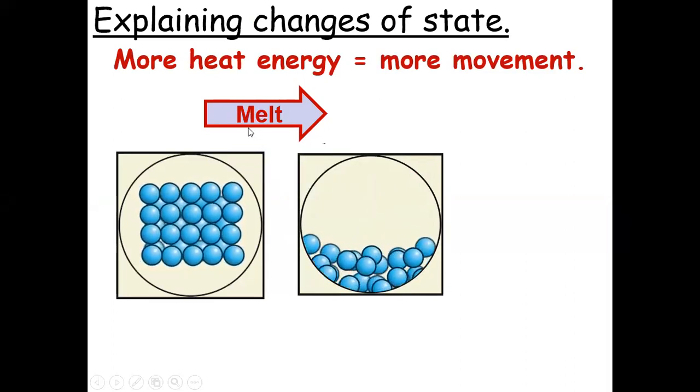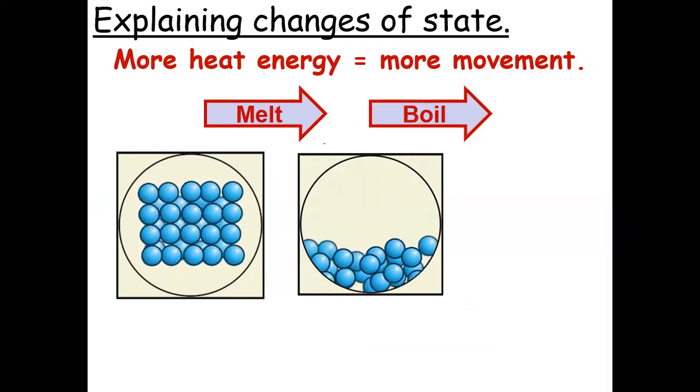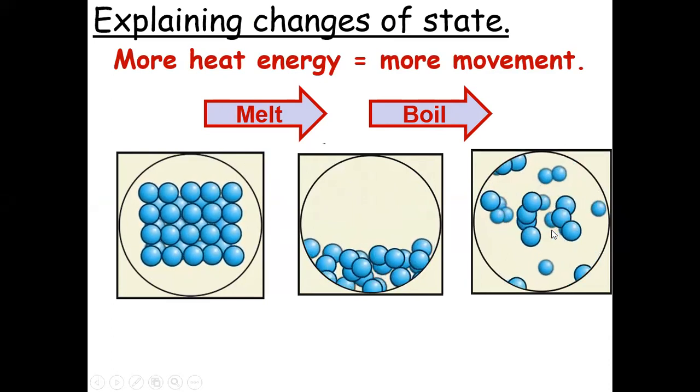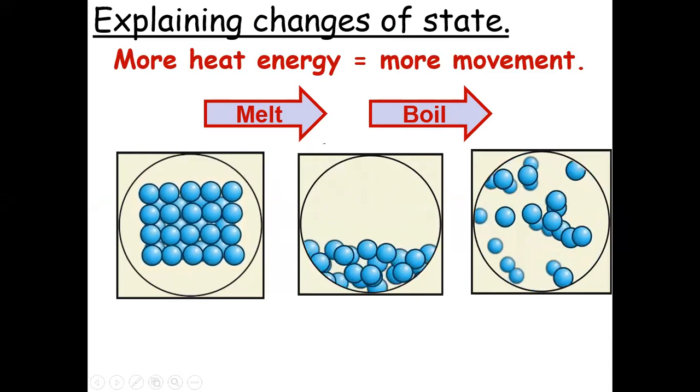When we give the particles more energy, it will be liquid, because particles will have more movement, and then it will change to the other state, which is liquid. When we give it more heat energy, it will boil or evaporate, and it will turn into gas state.